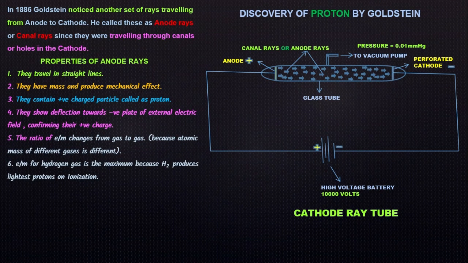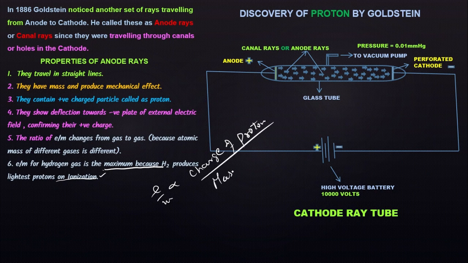Now e by m for hydrogen gas is the maximum, because why? Because the mass of hydrogen gas is smallest, so that's why e by m will come out to be maximum. The e by m of hydrogen gas is maximum because H2 gas produces the lightest proton on ionization. So e by m is directly proportional to the charge of proton and inversely proportional to the mass of the proton produced.